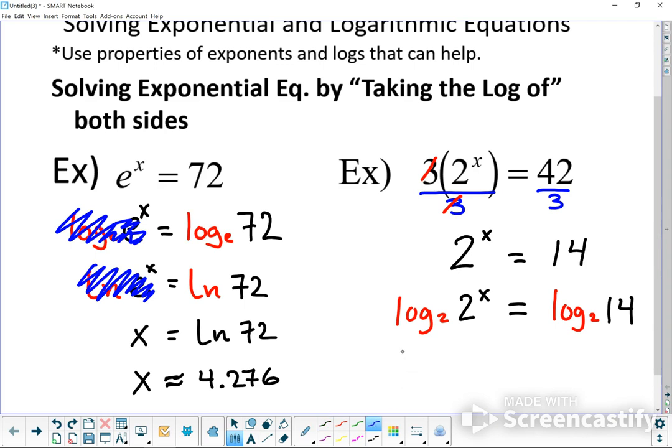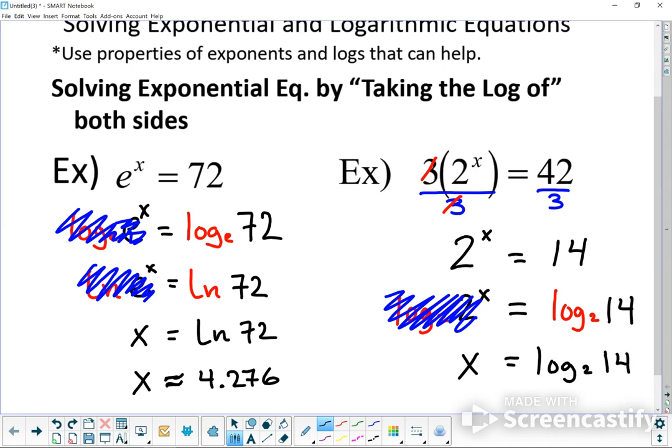The property says that if you have log base a of a, it just cancels out and you get 1 left over. Well, same thing here. We have log base 2 of 2, which means these will just cancel, and we will have x. So x is equal to log base 2 of 14.